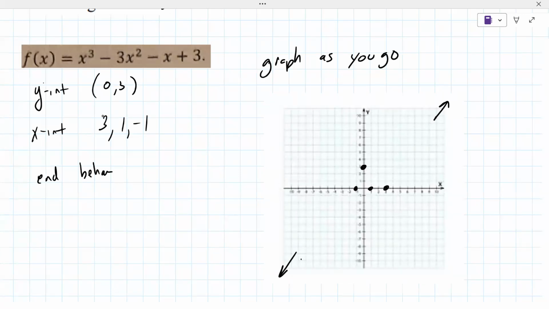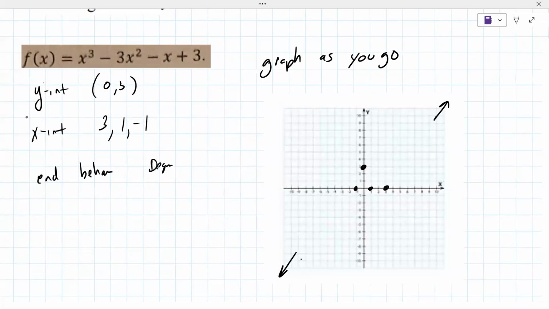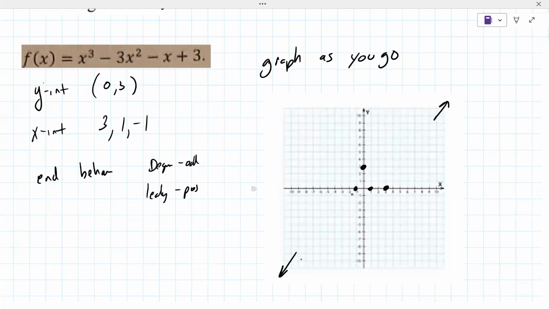And then the end behavior is where we write f(x) goes to positive infinity, and f(x) goes to negative infinity, that kind of thing. Well, that's the arrows. We know that the degree is odd and the leading coefficient is positive, so you know the arrows go here. And then you connect them. It's not to scale, but that's good enough.